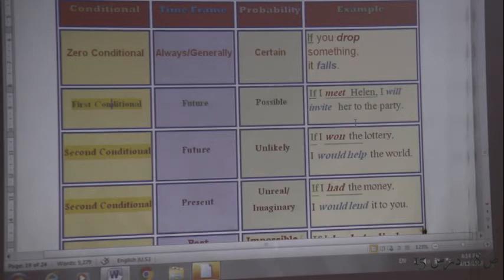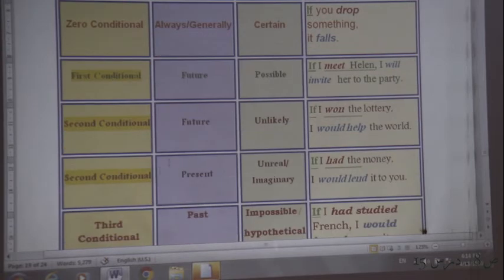It is likely to happen, and it refers to the future. Now the second conditional, I have two cases for you. Second conditional refers to the future, and it is unlikely to happen. It may happen, but it is unlikely. Here I need the past simple in the if part. Pay attention: in the first conditional we use the first form, the present simple.